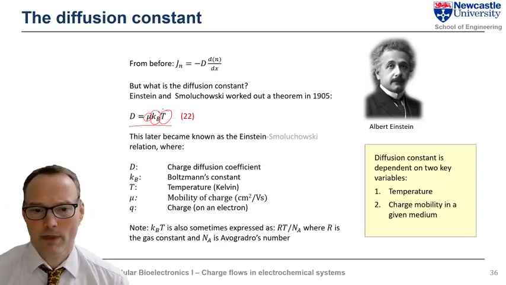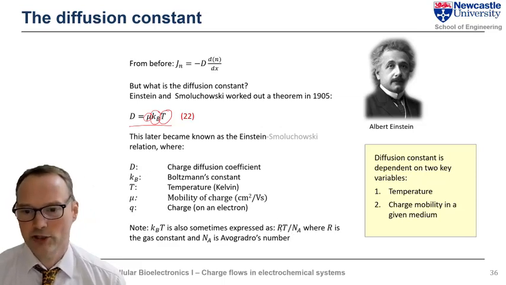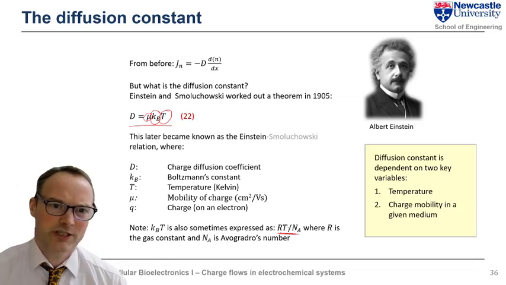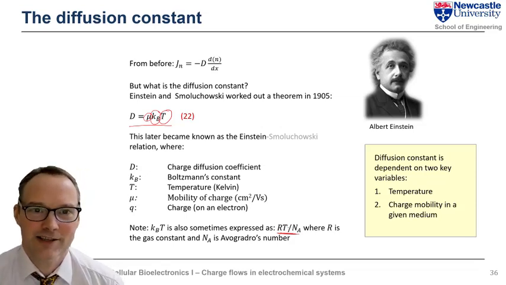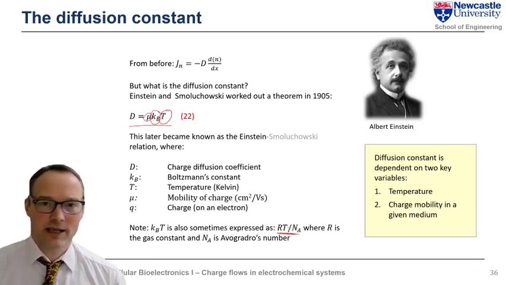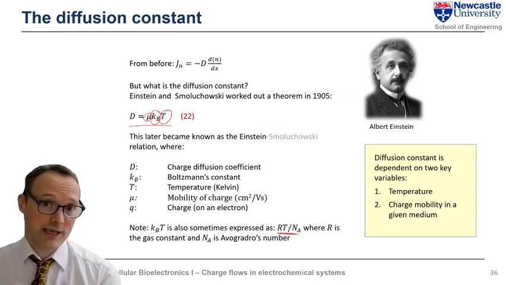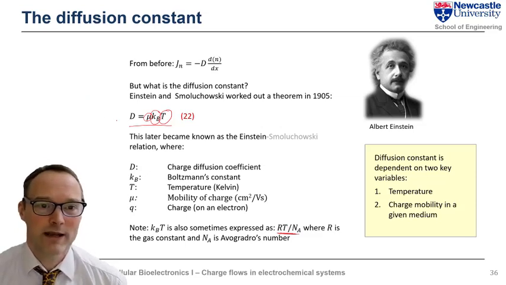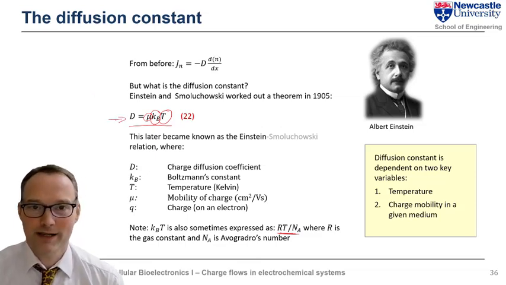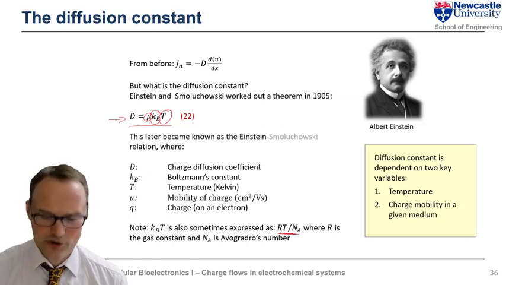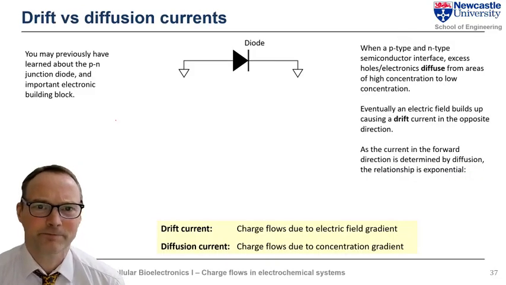It should be noted that sometimes it's given in terms of RT, which is the gas law. For us in the electronics field, as opposed to the chemistry field, we like the equation in this form, with mu being the mobility of charge, rather than thinking about gas constants per se.